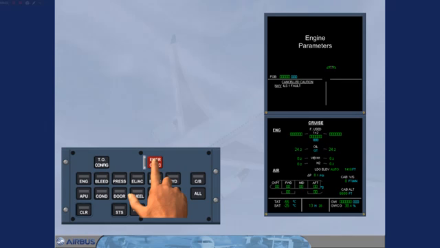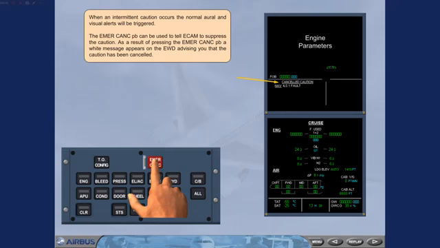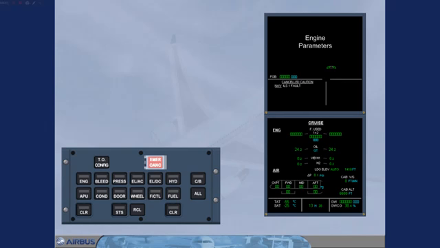As a result of pressing the emergency cancel push button, a white message appears on the engine warning display advising you that the caution has been cancelled. After a short delay, the cancelled caution message automatically disappears and is transferred to the status page. A status reminder appears on the engine warning display informing you that there is something on the status page.